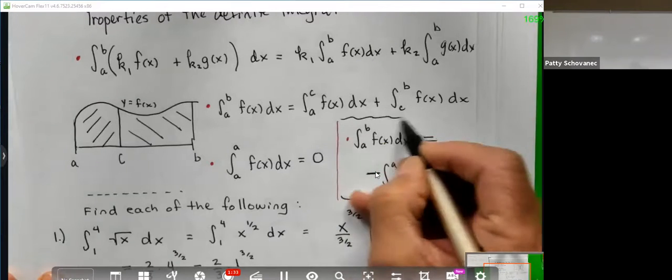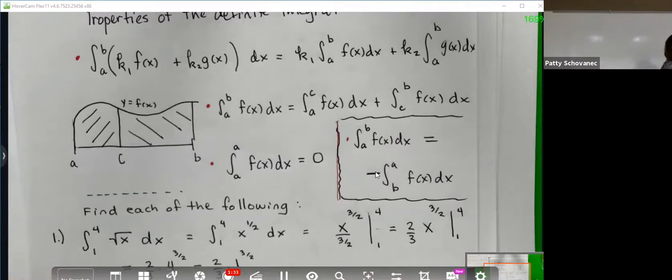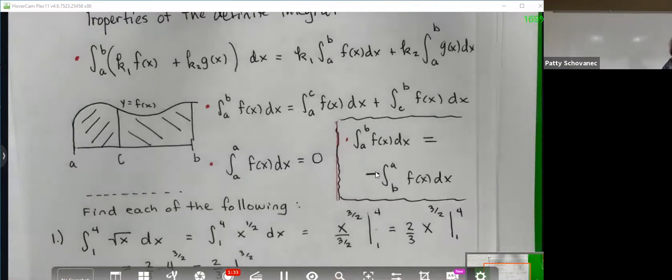If you reverse the order of integration, you change the sign of the integral. Okay. You swap these around in any way, it changes the sign.